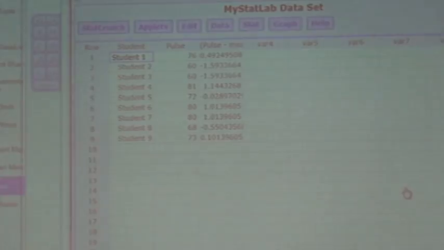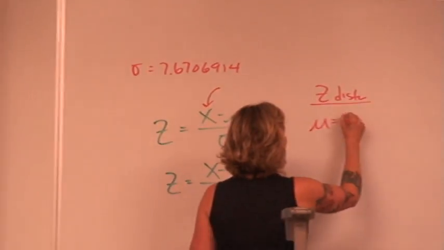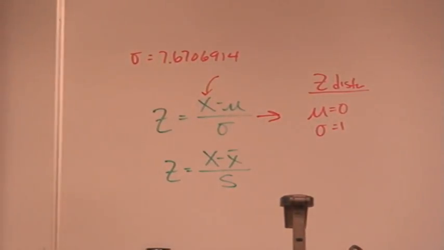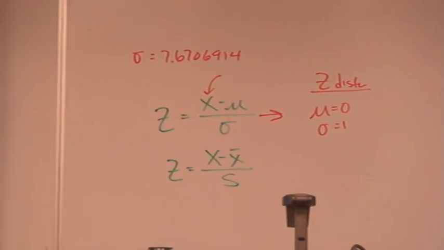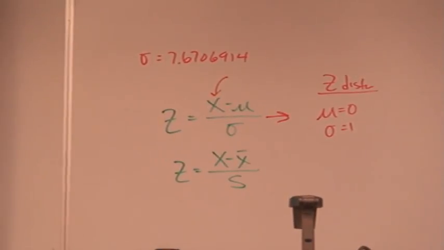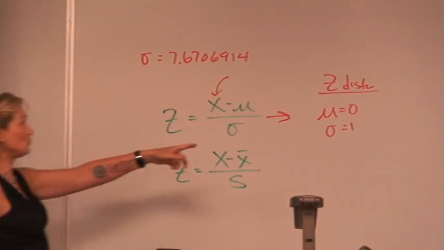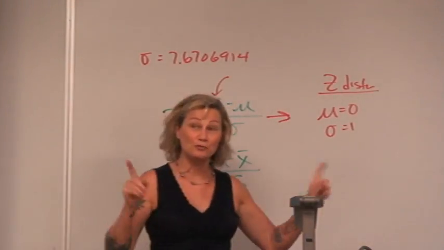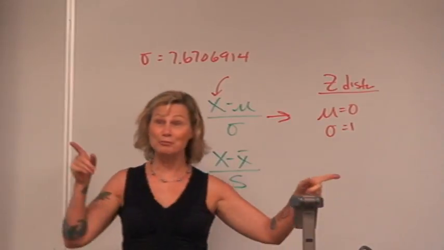Whatever values come out of there, the mean of the z distribution is 0, and the standard deviation is 1. The standard deviation is 1, and that's why all the z-scores should be between plus minus 3. Plus minus 3 standard deviations with a standard deviation of 1 from the mean of 0 should be plus minus 3.